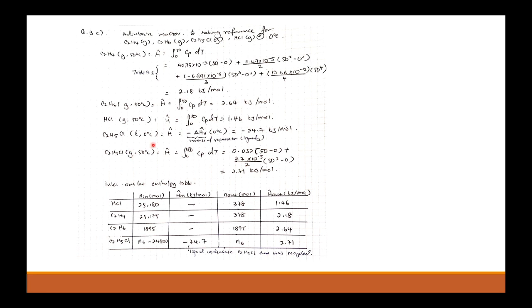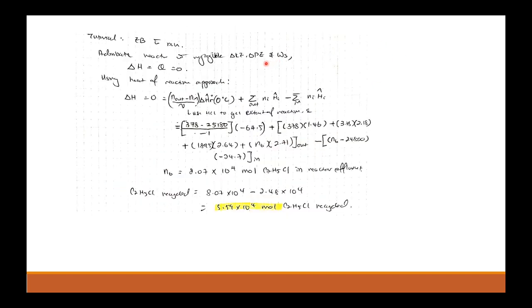So for the liquid phase, the H is the reverse of the vaporization. Okay, makes sense? And that is negative 24.7. Okay, this was already given in the data in the question. Okay, substitute all your enthalpy values for each species into the inlet and outlet enthalpy table as so.